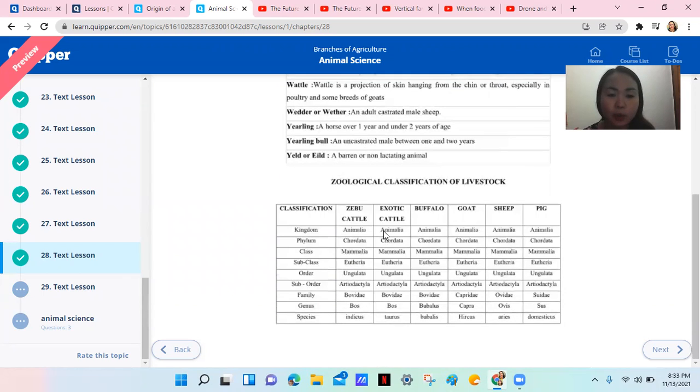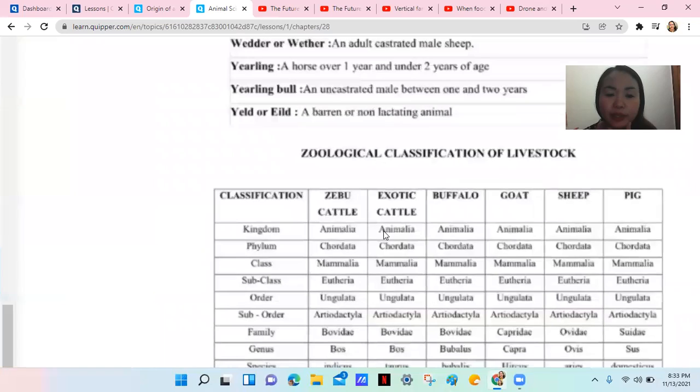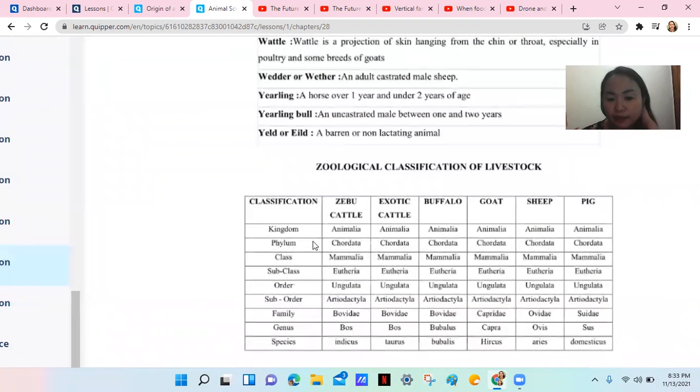So we also have the zoological classification of livestock, where they belong to the different kingdom, phylum, class, subclass, order, suborder, family, genus, and species. For example, zebu cattle and exotic cattle, buffalo, goat, sheep, and pig all belong to Animalia, phylum Chordata, class Mammalia, subclass Eutheria, order Ungulata, suborder Artiodactyla, family Bovidae, and for goat Caprinae, sheep Ovidae, and Suidae for pig.